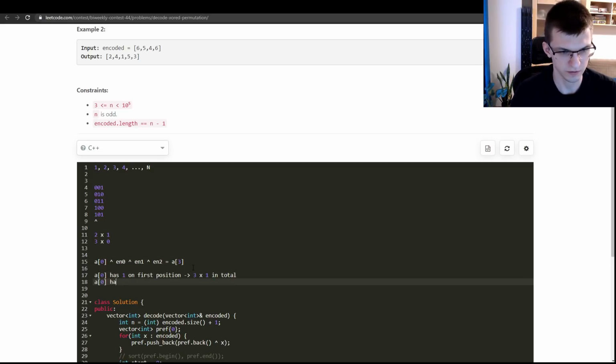And if it has 0 on first position, then it has 2 ones in total. Like all numbers, A0 through AN minus 1, will have 2 ones in total. And you know that this second thing must be right, so apparently A0 has 0 on the first position. That was my logic.